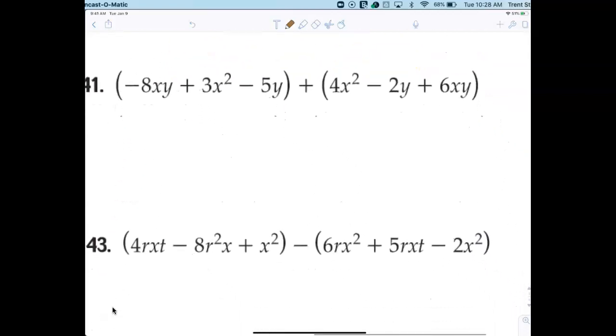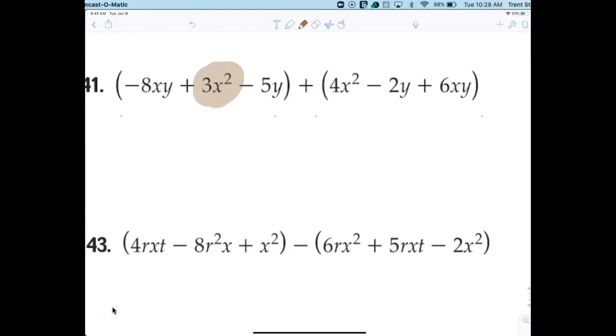All right, now you can kind of see things. What do we got? Negative 2xy. Yes. Now, largest exponent first. I wouldn't mark it wrong. 7x squared. Good job.